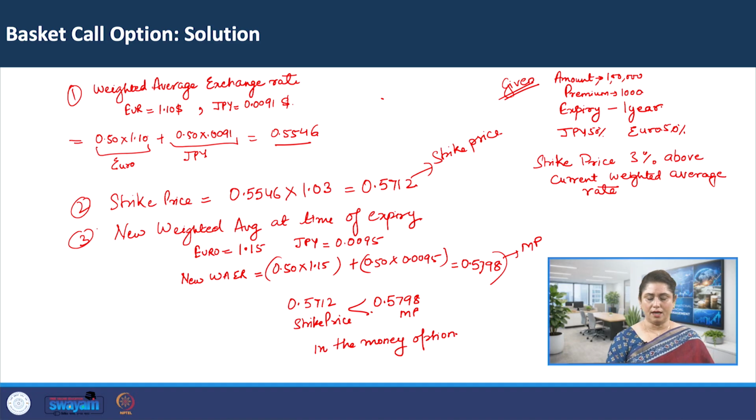We can buy at a lower price than the market. So this is actually a basket call option.